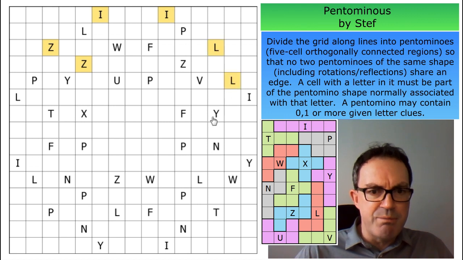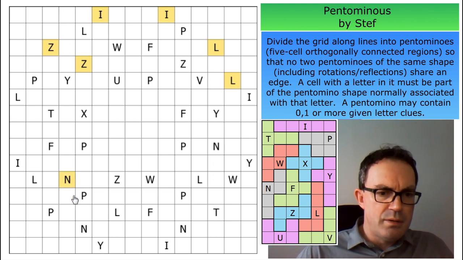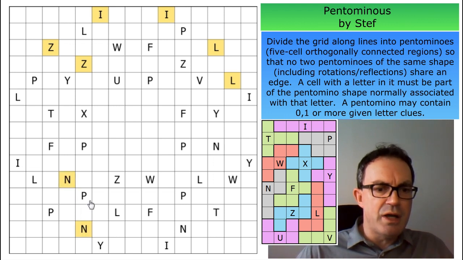Let's try and actually map how many of these could connect to each other. Not seeing many. Here, the N could connect... Oh, the P's could connect to each other as well.